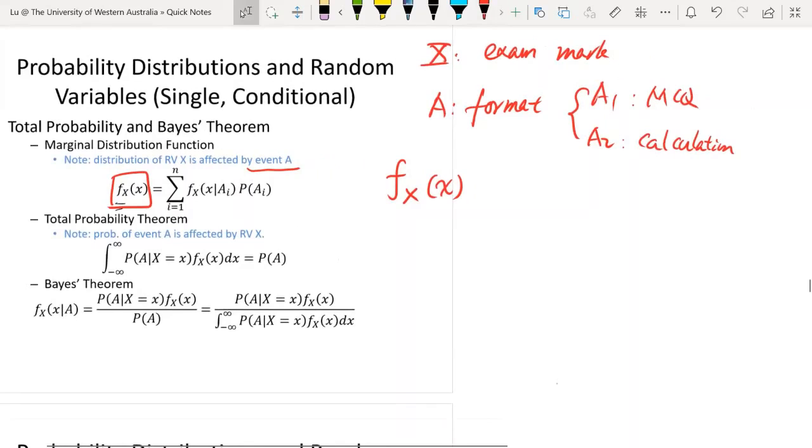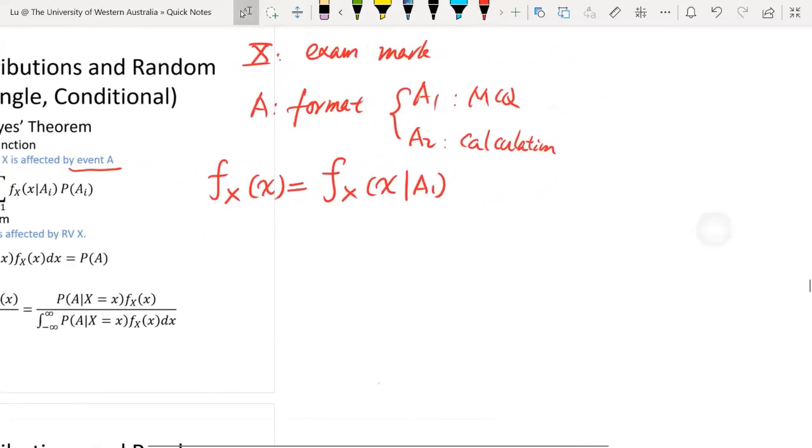But because both A1 and A2 can affect my performance, I have to consider what will be the PDF of my final exam if the final exam contains all multiple choice questions. And also you have to consider what is the PDF of the final exam when they are all calculation questions. The summation of these two estimations comprises your final exam performance.